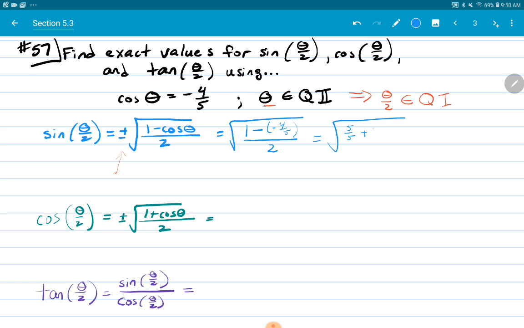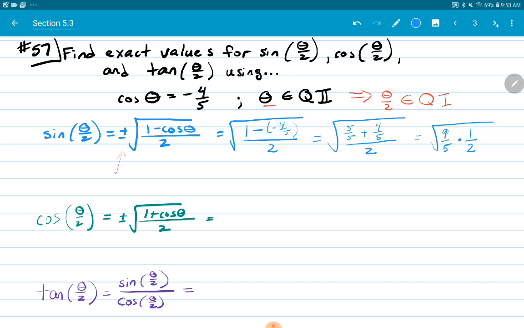Minus a negative is plus 4/5, all over 2, which gives me the square root of 9/5, and I'm going to change that over 2 to be times 1/2, or divided by 2, which are the same thing.